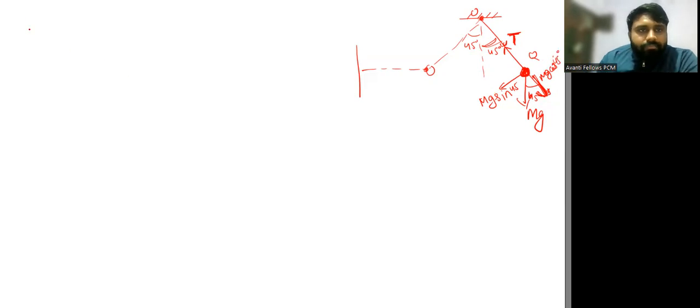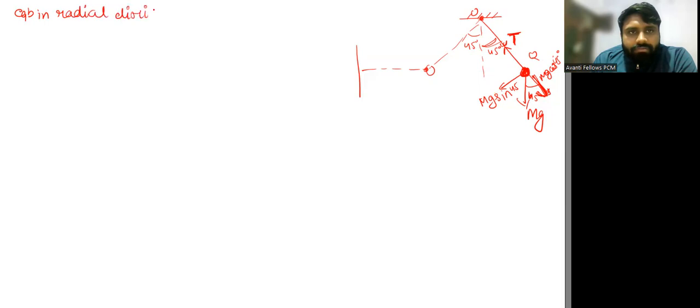Now for equilibrium in the radial direction, we can say that T is equal to mg cos 45, because there is no movement happening in this direction. And mg cos 45 is mg times 1 by root 2.